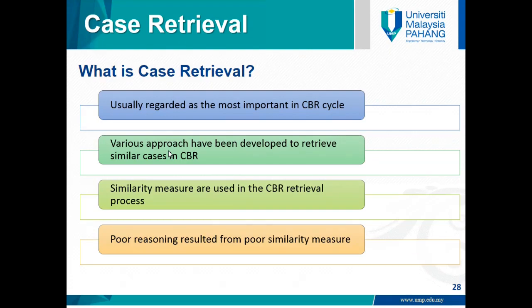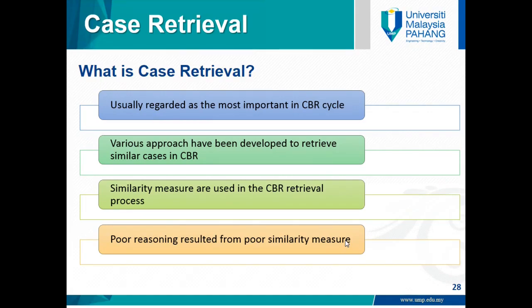This is because the poor reasoning comes from the similarity measure. If we conduct the similarity measure process in an incorrect way, we will definitely get poor reasoning, and then we will not be able to find the right solution for the new problem.